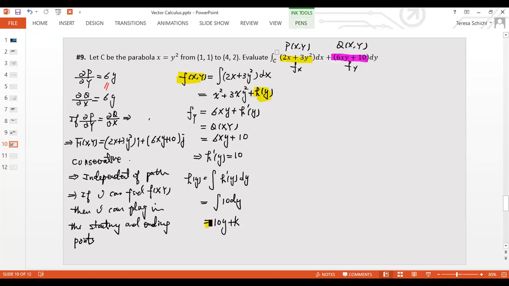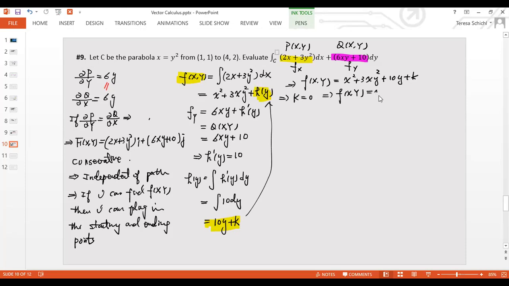Okay, so now I can substitute this back to here. So my f of xy is equal to x squared plus 3xy squared plus 10y plus k. Okay, so now I will let k equal 0. Then my f of xy will just be x squared plus 3xy squared plus 10y.